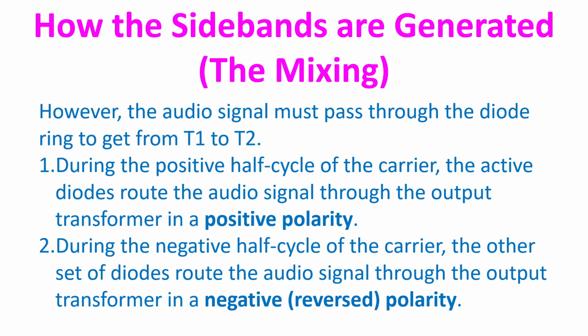However, the audio signal must pass through the diode ring to get from T1 to T2. During the positive half cycle of the carrier, the active diodes route the audio signal through the output transformer in a positive polarity. During the negative half cycle of the carrier, the other set of diodes route the audio signal through the output transformer in a negative polarity.